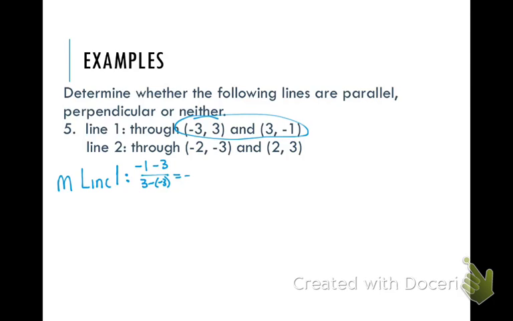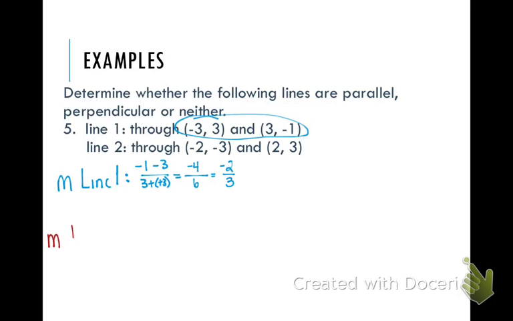What's the top side going to be? -4 over 6. How does that reduce? -2 over 3. So then, if it's parallel, what does my slope of line 2 have to be? The same thing. If it's perpendicular, what does it have to be? 3 over 2, and it has to be positive, right?